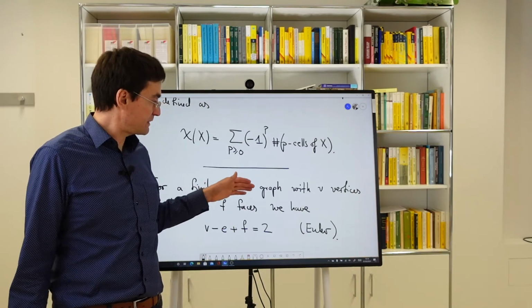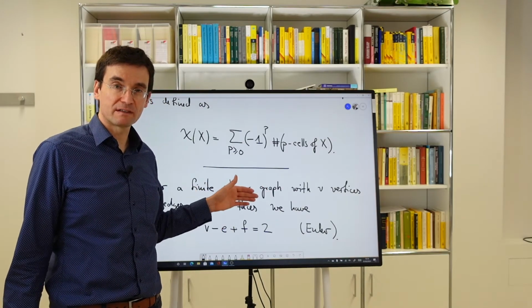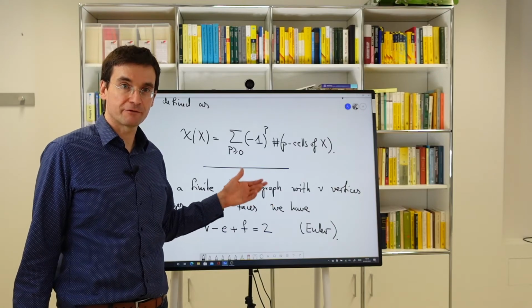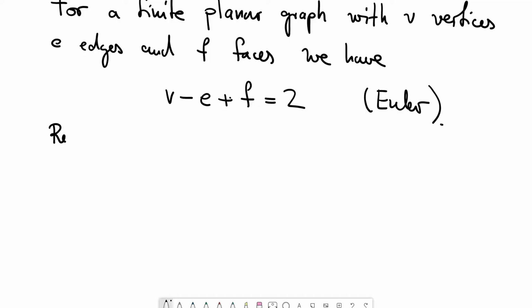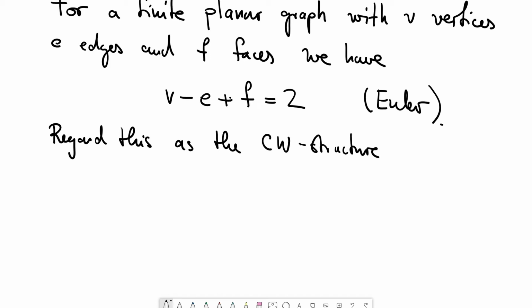And this finite planar graph can be seen as the one-skeleton of a CW structure of the sphere, and the faces become the two cells.